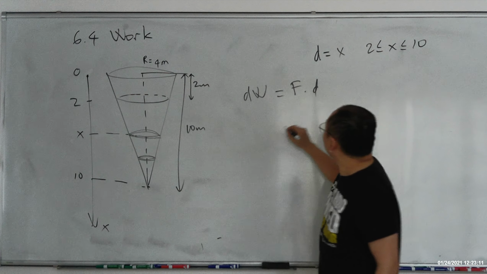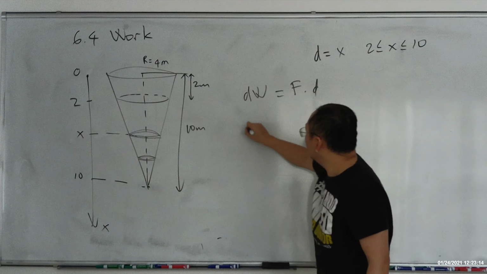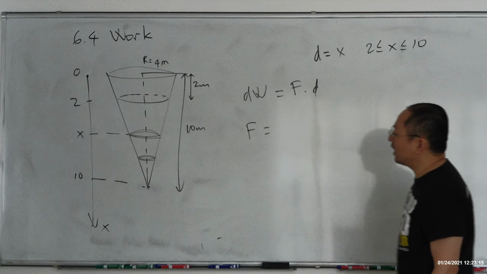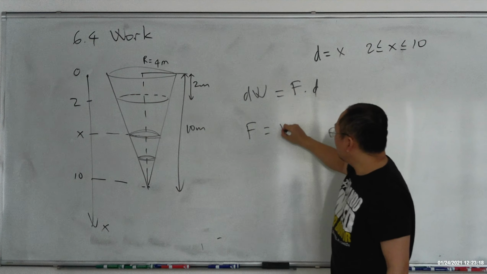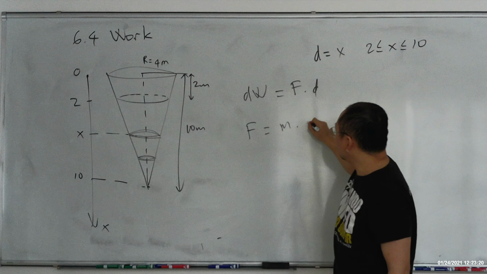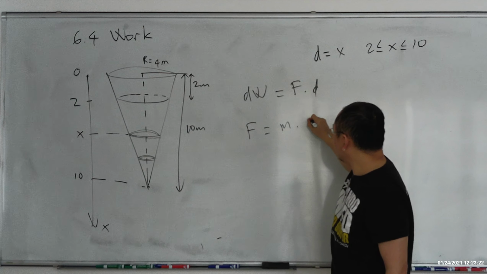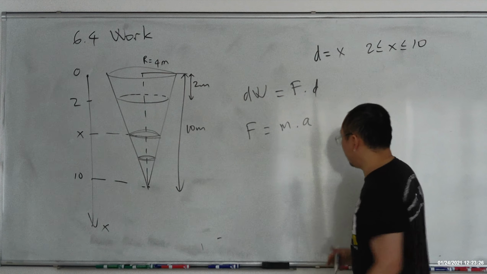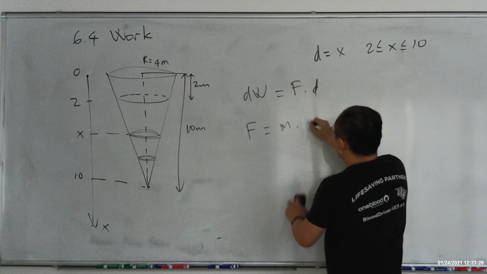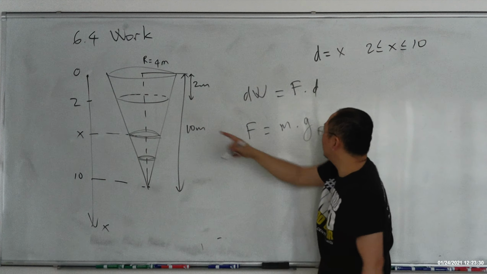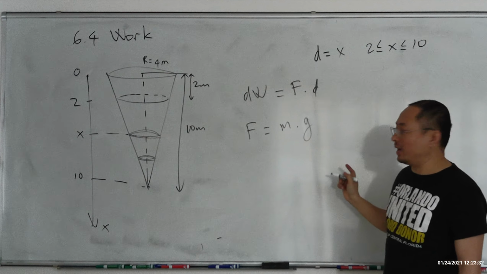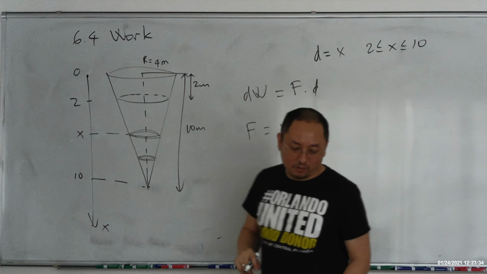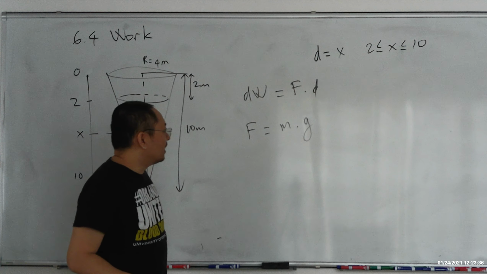What about the force F? I know D already. F is going to be mass times acceleration. We go against gravity, so this is going to be mass times g, and since the unit is meters, g is 9.8. And how do I calculate the mass of that slice of water?